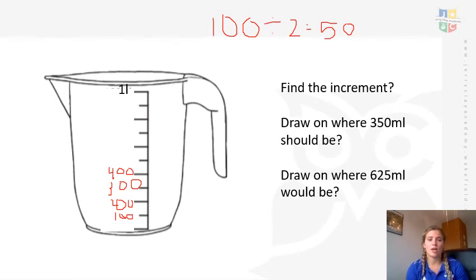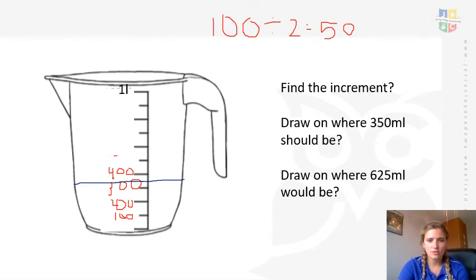For example, it would be 150 if it was between 100 and 200. So if I want to find 350, I first need to go to 300, and I need to find halfway between 300 and 400. So my waterline would go up to about there. Now, I've got 625, so I'm going to keep going.